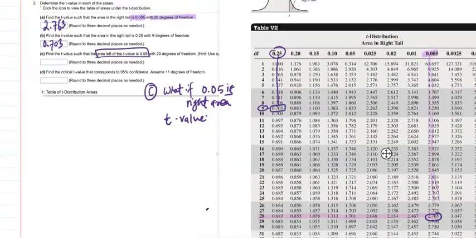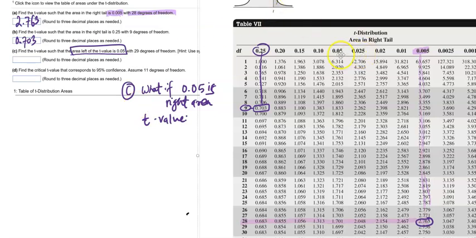Let's find it. 0.05 is here. 29 degrees of freedom is here. Okay, so 29 here, 0.05 is here. See, this is the value. So if 0.05 is the right area, the t value is going to be 1.699.